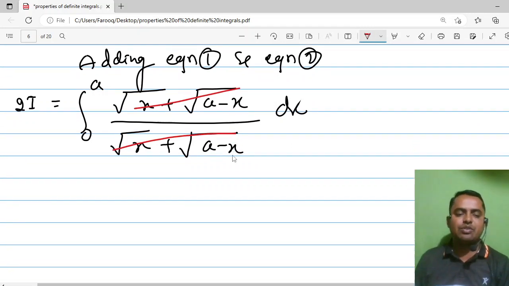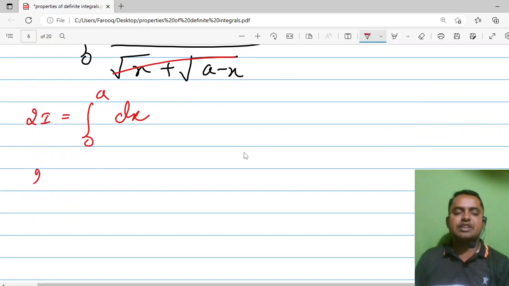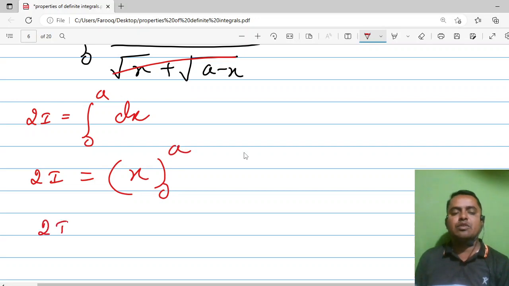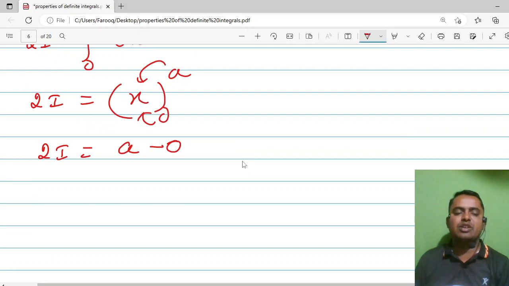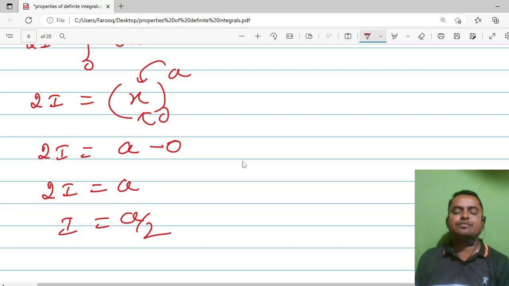Now 2I is equal to integral 0 to a of dx. The integration of dx is x between the limits 0 to a. Substitute the upper limit a minus the lower limit 0. So 2I is a minus 0, which is a, and I is equal to a by 2.